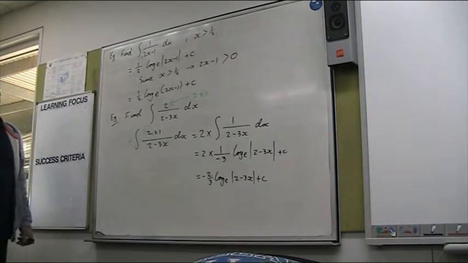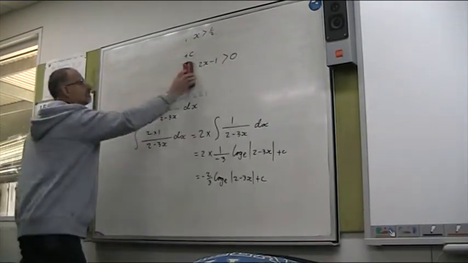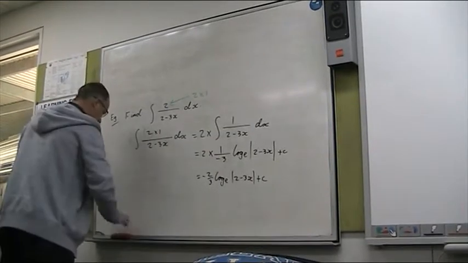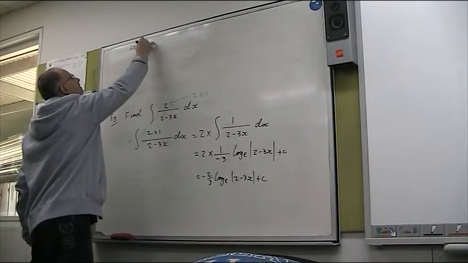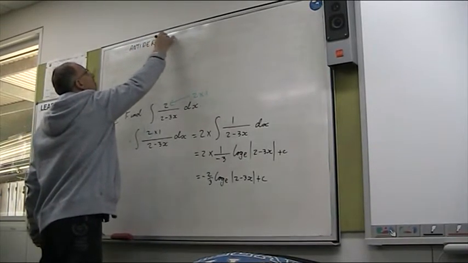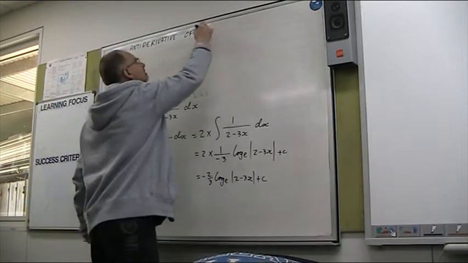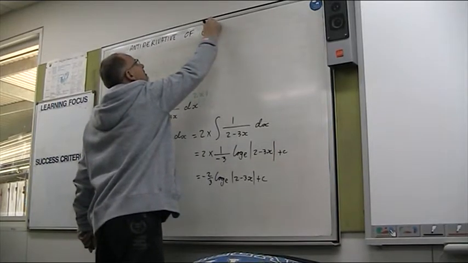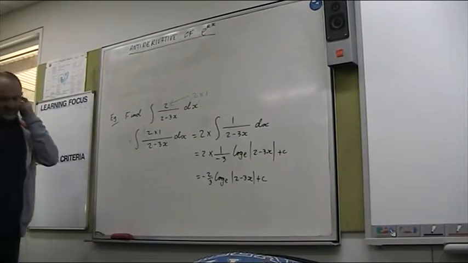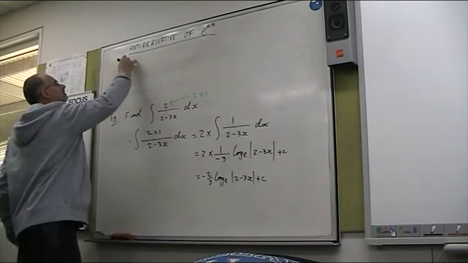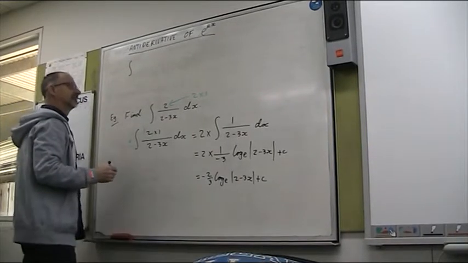All right, one more. The antiderivative of e to the kx. Now, when you differentiated e to the kx, it became k e to the kx.